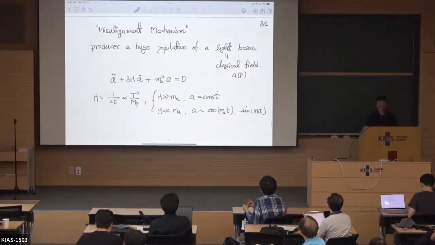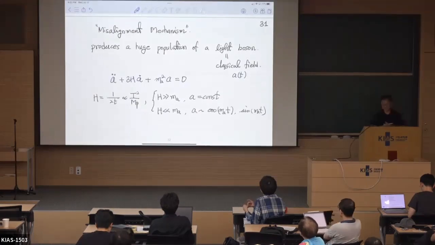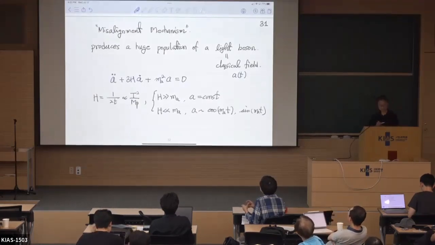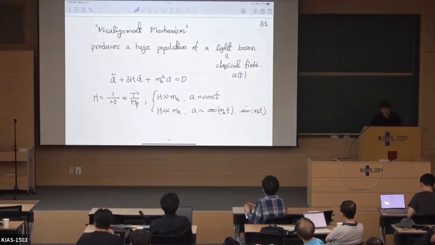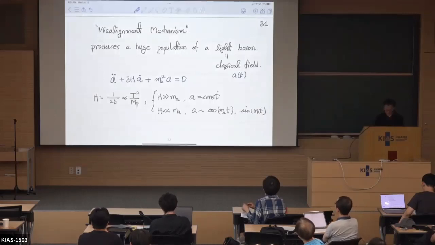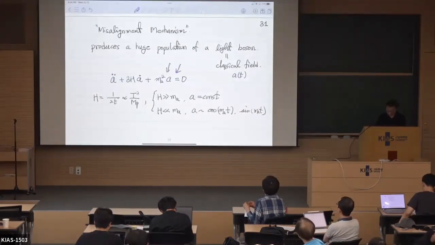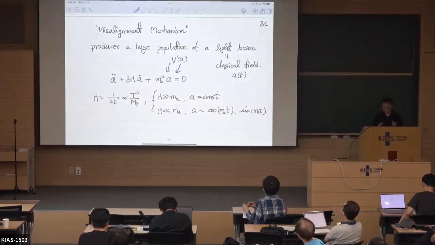The misalignment mechanism is the key to producing this light boson dark matter. We already learned about it from Professor Kolb's lecture, so let me briefly repeat it. In the expanding universe, any scalar field, neglecting higher order interaction terms here, so we have this simple equation to solve. More precisely this must be the derivative of the axion field, but assuming the higher order terms are not very relevant.